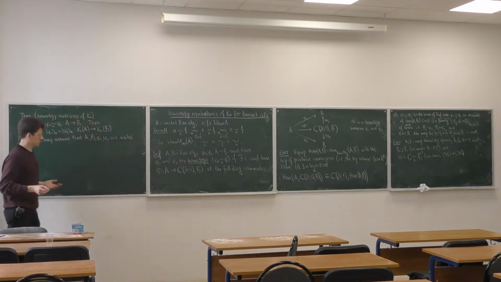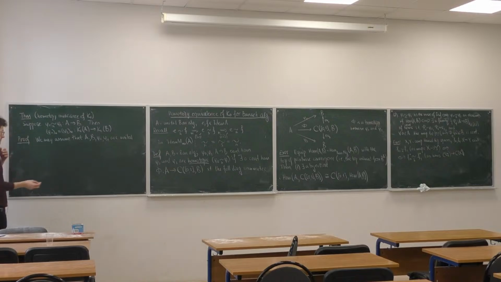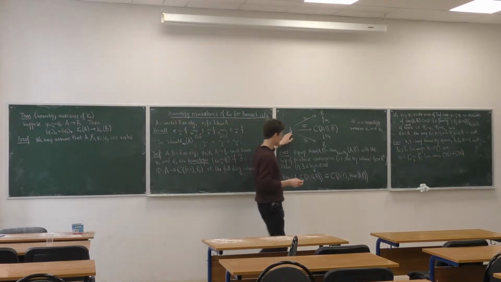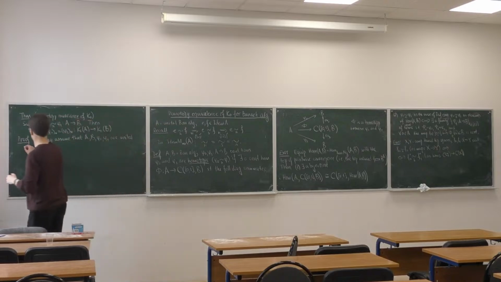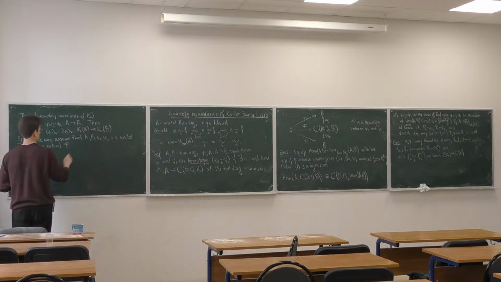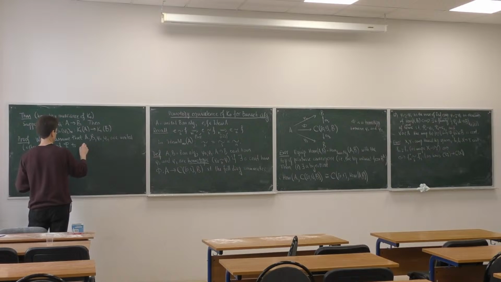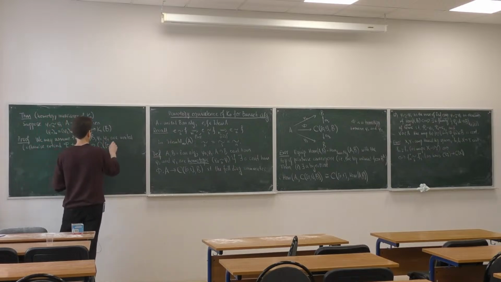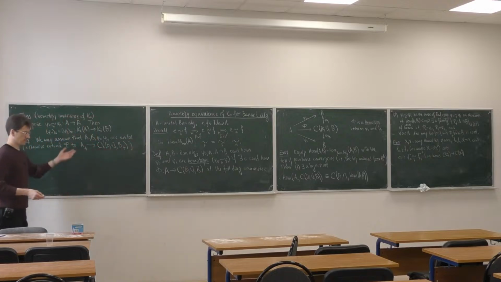Because if they are not unital, we extend all homomorphisms in this picture to the unitization of A. Otherwise, extend big phi to a map from A plus to the algebra of continuous functions with values in B plus. And so now all homomorphisms and all algebras become unital.